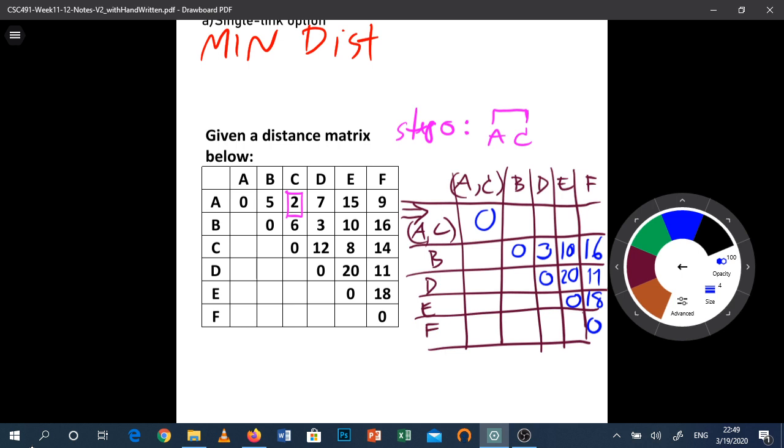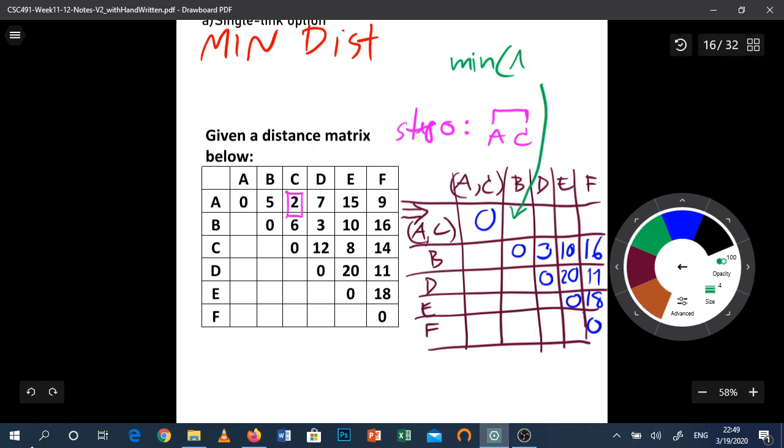The update of this cell, for example, comes from the minimum of AB and CB, or I shall write BC, either way. AB was 5 from the first table, and BC was 6, so the updated value is 5.